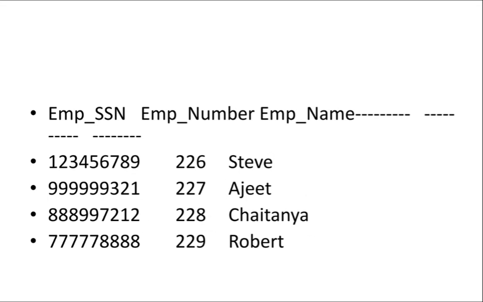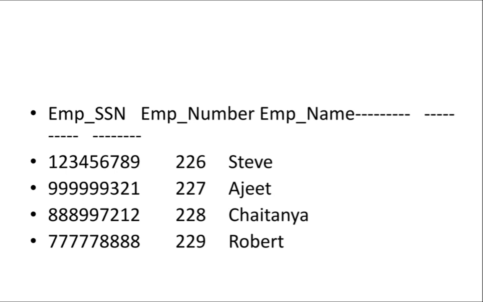For example, I can find out the record Steve by using the employee SSN. So understood guys? Super key means it is a set of attributes to identify the individual records.